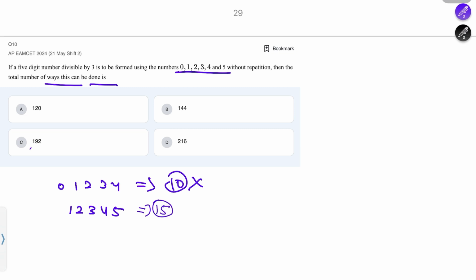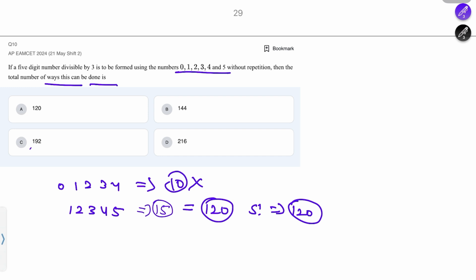Then arrange them, 5 digits, so 5 factorial. So 5 factorial is 120, because the 0 is not in this case. If 0 were included, it would be more difficult.